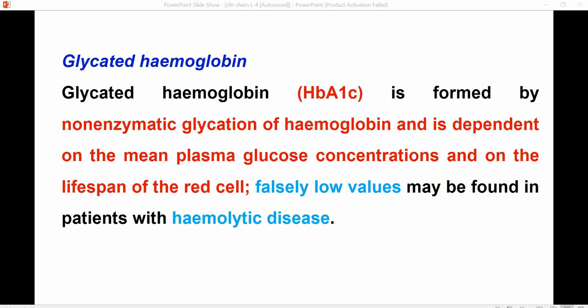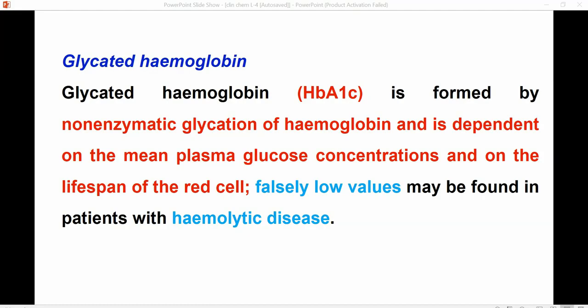This type of reaction is characterized by being a non-enzymatic reaction. That means the reaction is not controlled and depends on the concentration of the reactants. In this condition, the reactants are both the protein and the glucose, and as the plasma glucose level increases, the rate of production of this glycated protein increases.